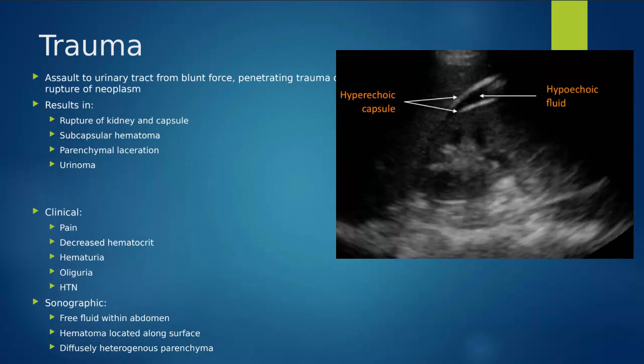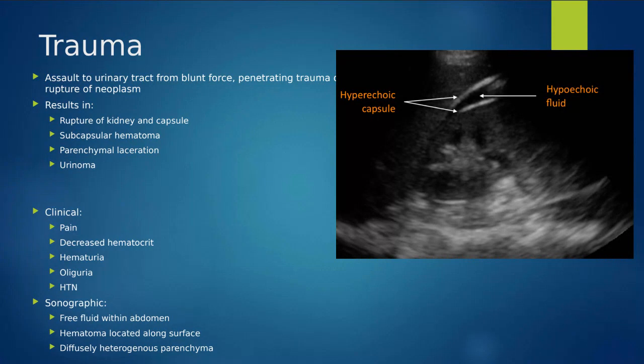They're a retroperitoneal structure, so we don't have the peritoneum to soften the blow in episodes of trauma. It's going to potentially result in rupture of the kidney and the capsule, subcapsular hematoma. We can see a laceration of the tissue. We can get a urinoma because urine has now escaped the urinary system because of that trauma and that potential rupture.